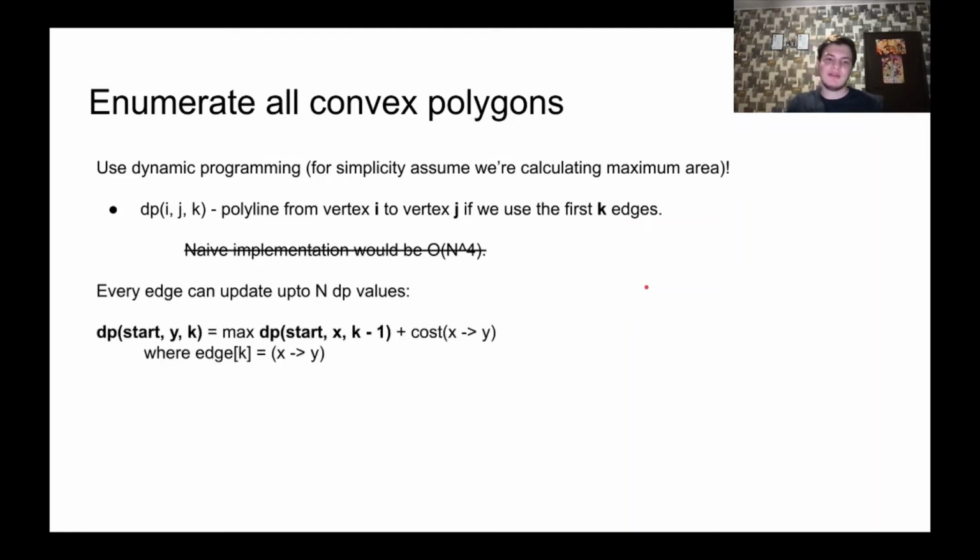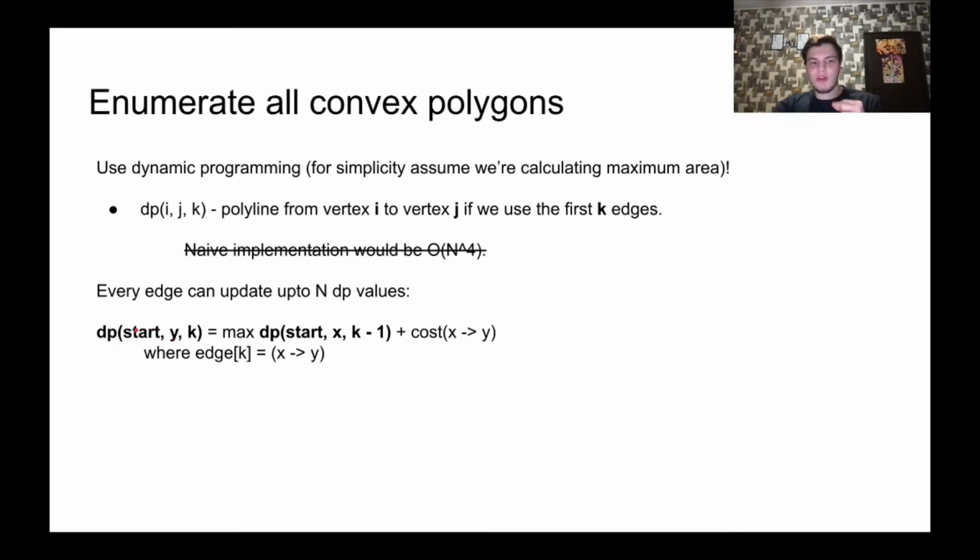However, we can notice that every edge can update up to n dynamic programming values. Imagine that we substitute i as start, because that's the start of our path. And then the kth edge is from x to y. We basically just need to update dp of start, y, k.